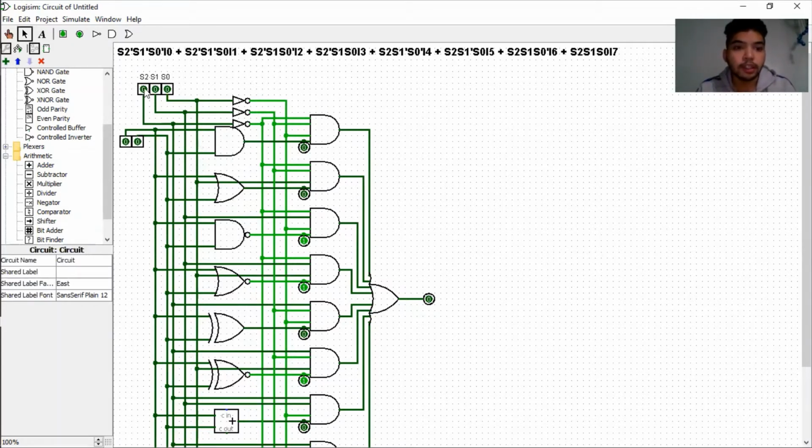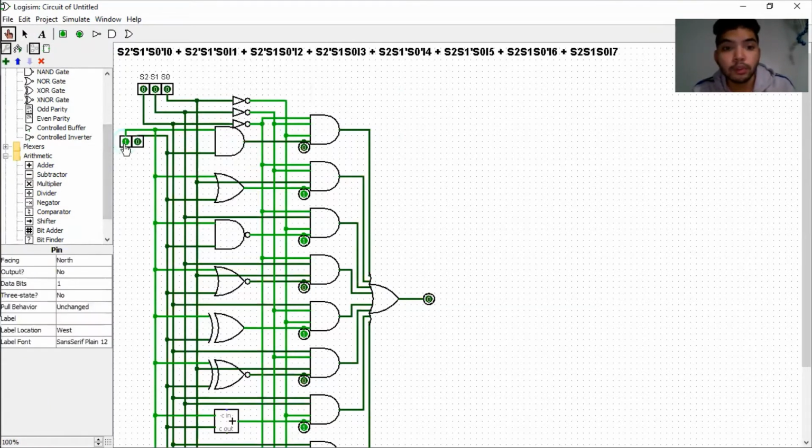So as we can see here, since all the selectors are 0, 0, 0, then we can expect the first input must be our output. So as we can see here, this is 1. So if we try to change the input, this is 1, we expect that the output of our circuit must be 1.